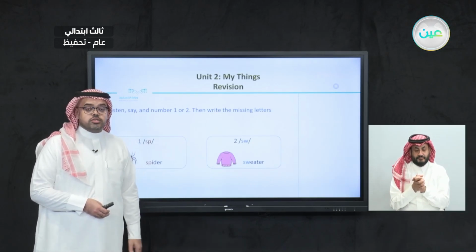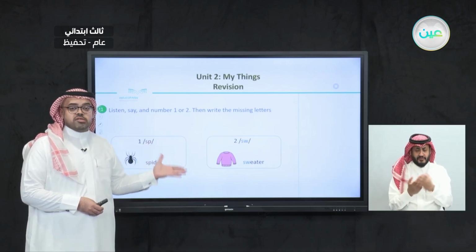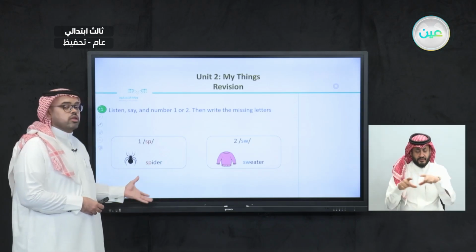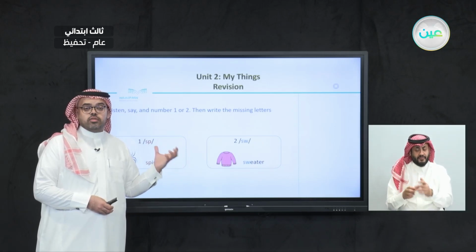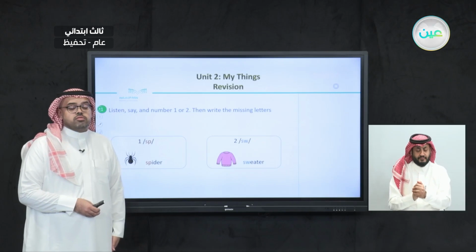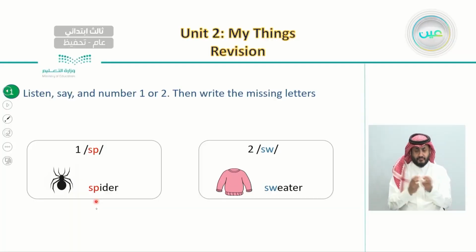So let's first listen to these two main sounds, and after this we're going to see a whole list of new words that may have these similar sounds. So the first sound here that starts with S and P is spider.